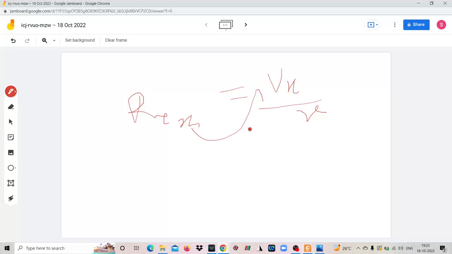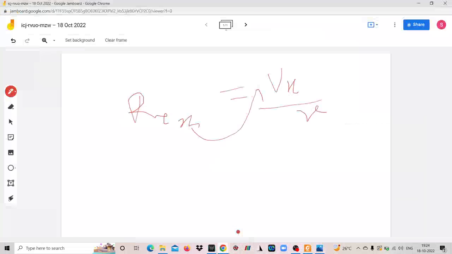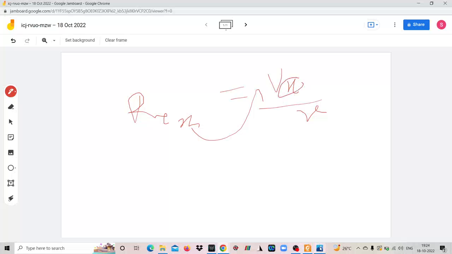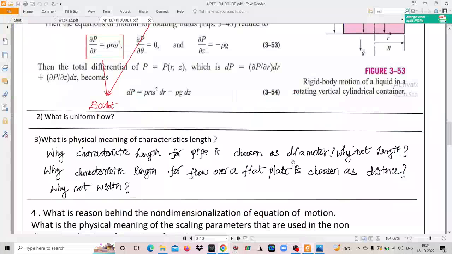Somebody might have taken the width of the plate as we have asked in the question, but they must have seen that when you calculate the Reynolds number by considering the width of the plate, they did not obtain a good result. That's why, after a lot of trial and error, this x or D was arrived at.